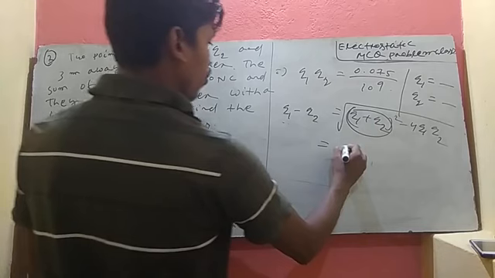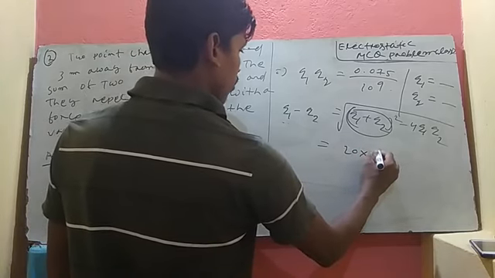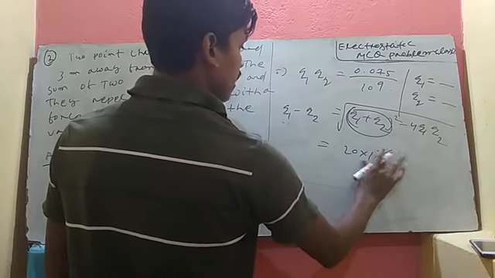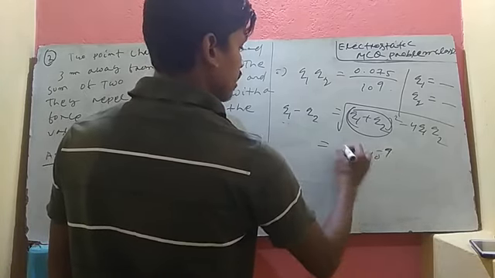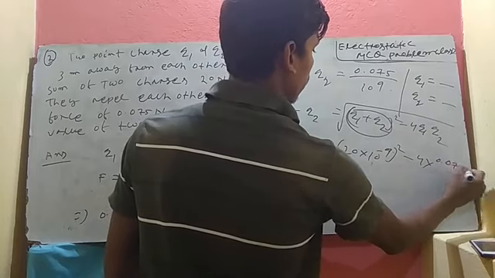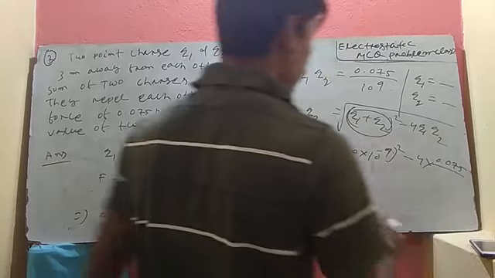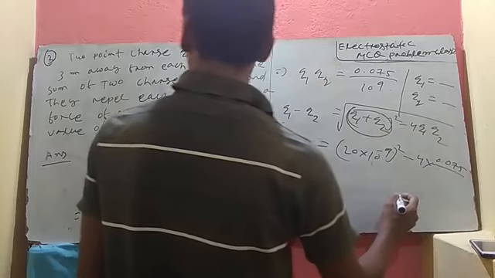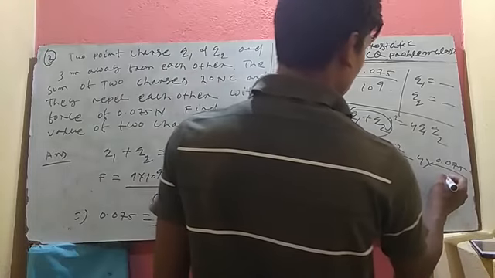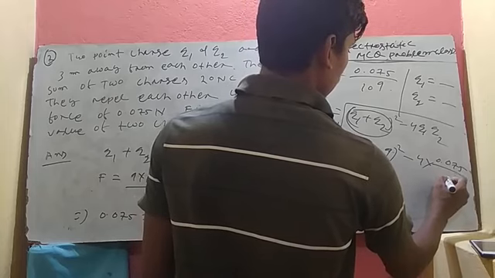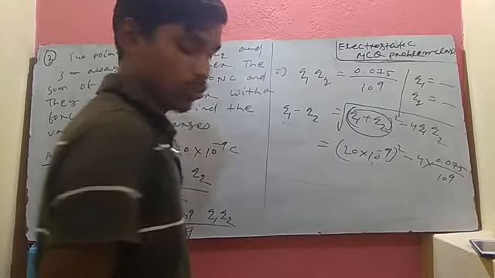You know 20 into 10 to the minus 9, square, minus 4 into Q1Q2, which is 0.075 by 0.075 by 10 to the power 9. Yes or no?